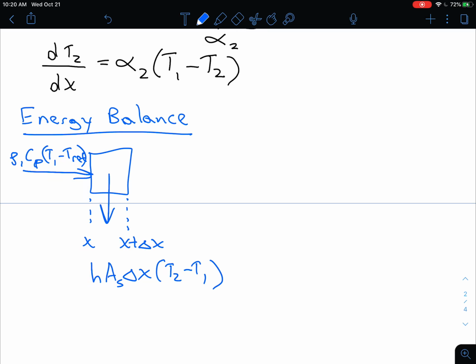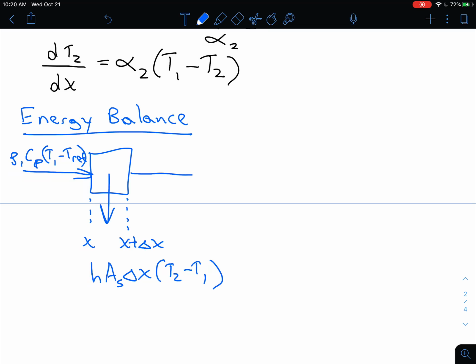So what we're assuming here is that the driving force for energy transfer out is the temperature difference T2 minus T1. And just like we found before, even though we're thinking about T2 as being the hotter stream, we'll actually get the same equation if we later assume that stream 1 is hotter.